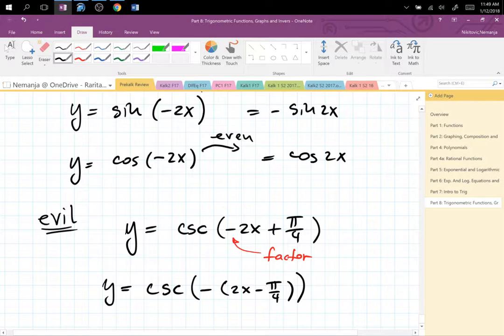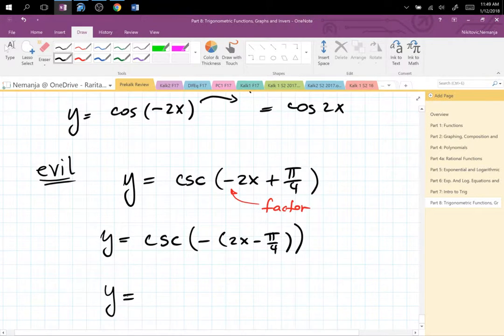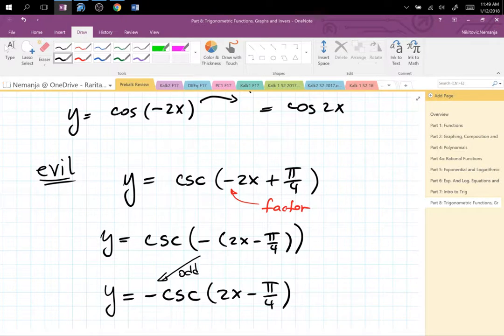So what used to be a shift to the left is actually a shift to the right because we factored the minus. And now this minus sign jumps in front because cosecant is odd, and you have 2x minus pi over 4. You will graph sine, flip the sign because of the minus, then cut down the green line and invert the cups to get the cosecant graph.